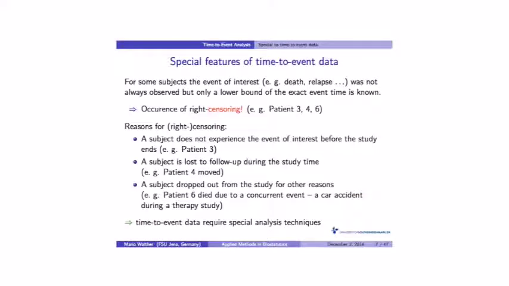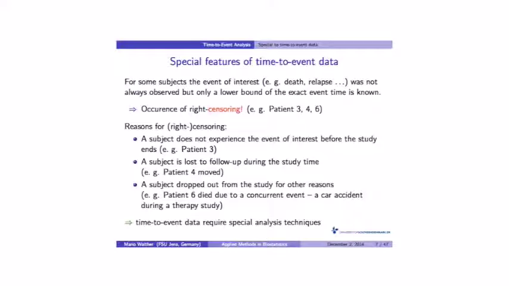The second reason is that the subject is lost to follow up during study time. That means, for instance, that patient 4 moved to another residence or into another region, so that this patient can't be examined during the study because he was not reachable by phone or by mail or something like that.